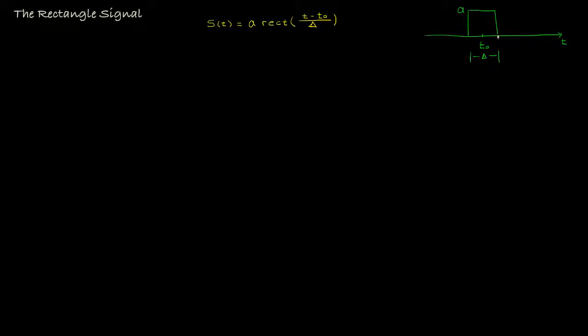So this point here is t0 plus delta over 2, and this point is t0 minus delta over 2.